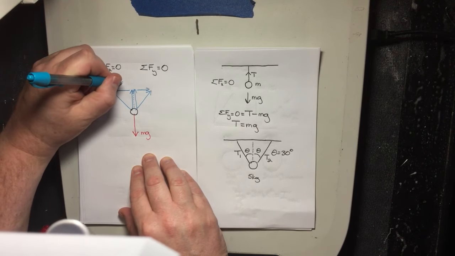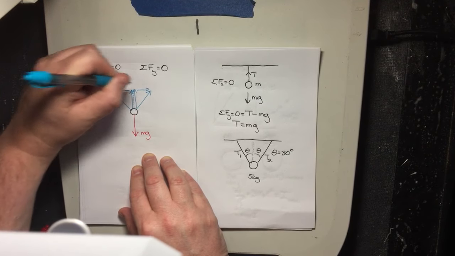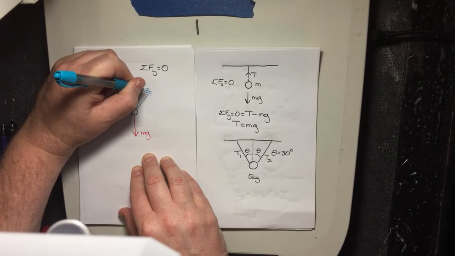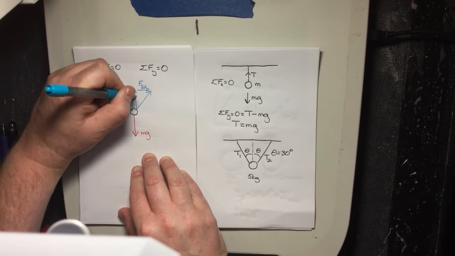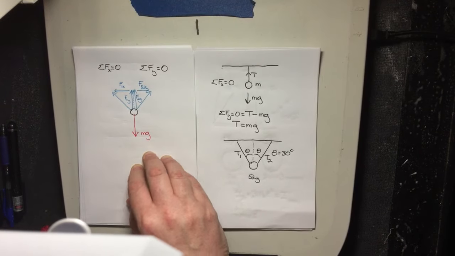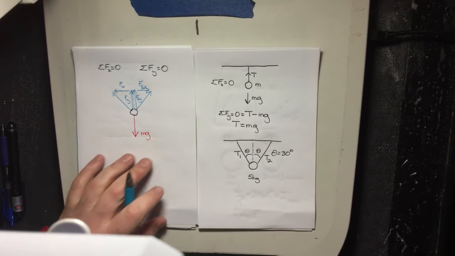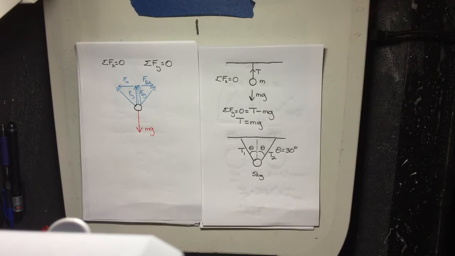So this is F1x, F2x, F1y, F2y. Those forces, this one and this one, your first goal is to crack them into two parts, their horizontal components and their vertical components.